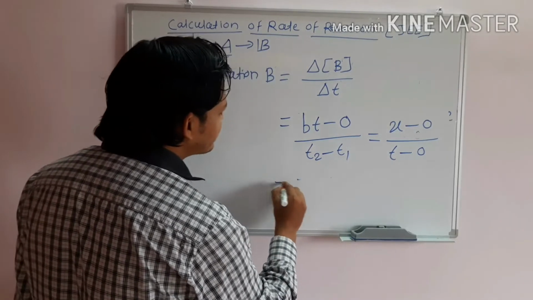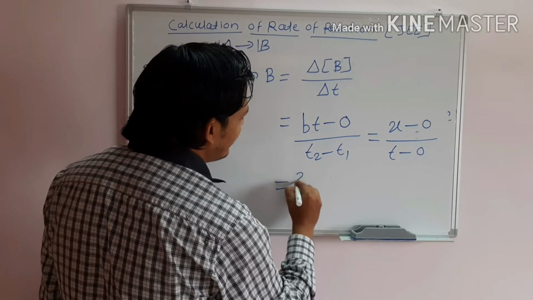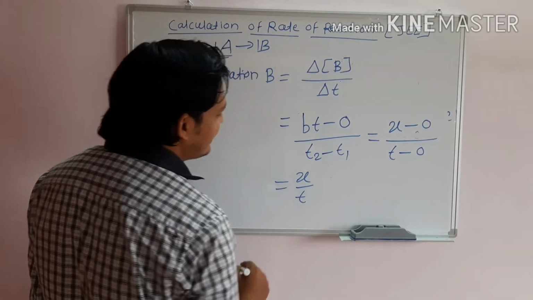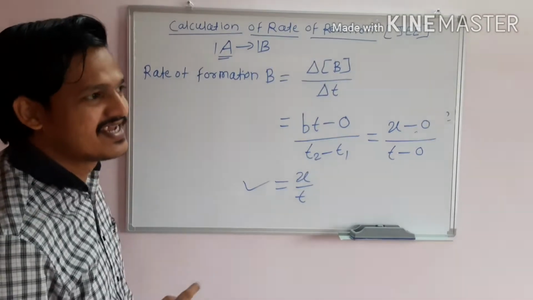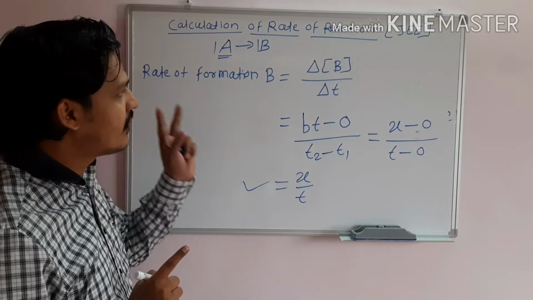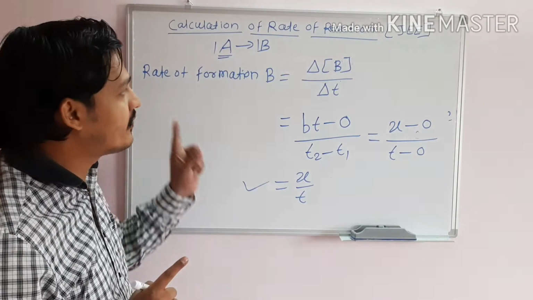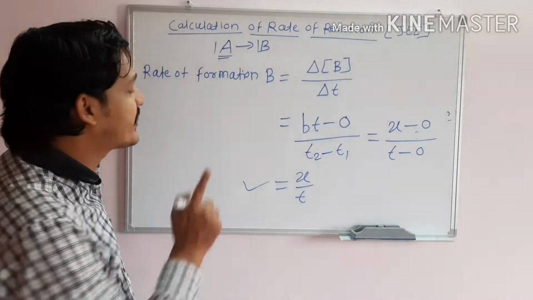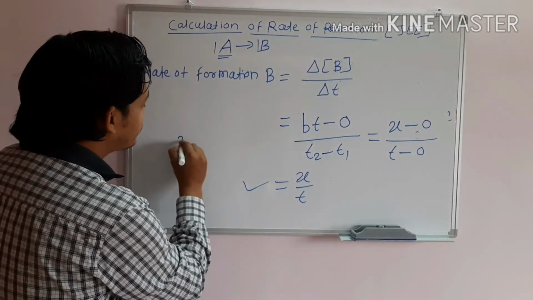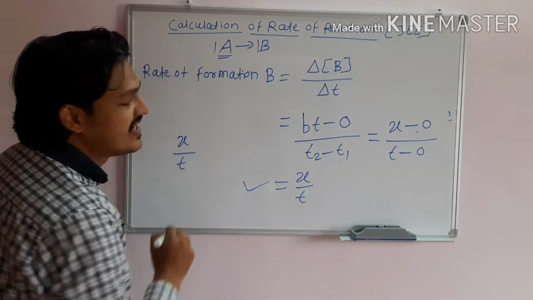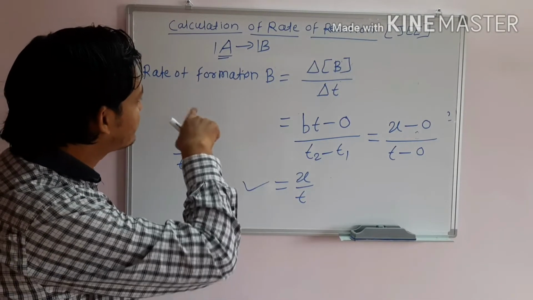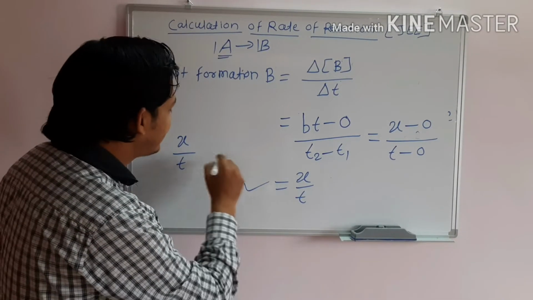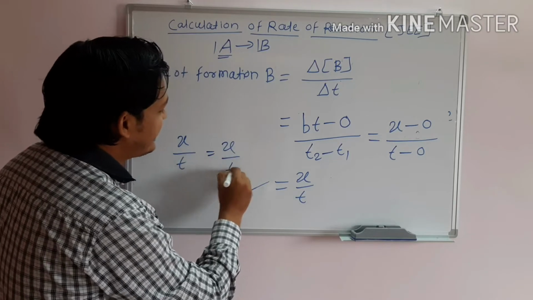The final answer is x by t. Now you have to understand the same value for reactant and product. The rate of consumption of reactant is x by t, and the rate of formation of product is also x by t.